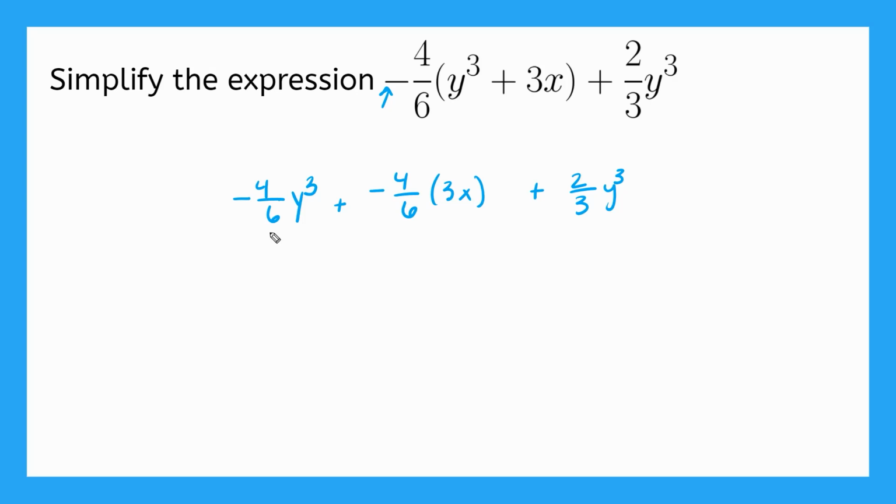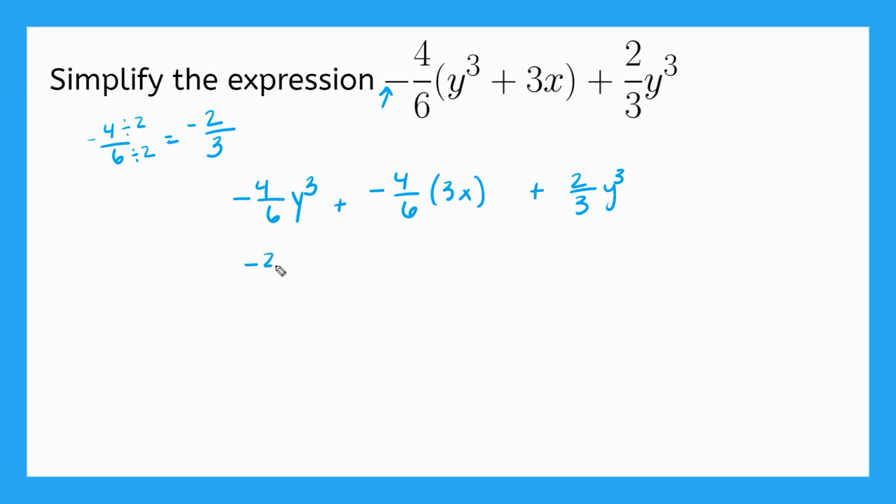If we have negative 4/6, how can we simplify this? Yeah, we can divide top and bottom, the numerator and the denominator, both by 2. If I have negative 4/6 and I divide the top by 2 and the bottom by 2, that will give me negative 2/3.